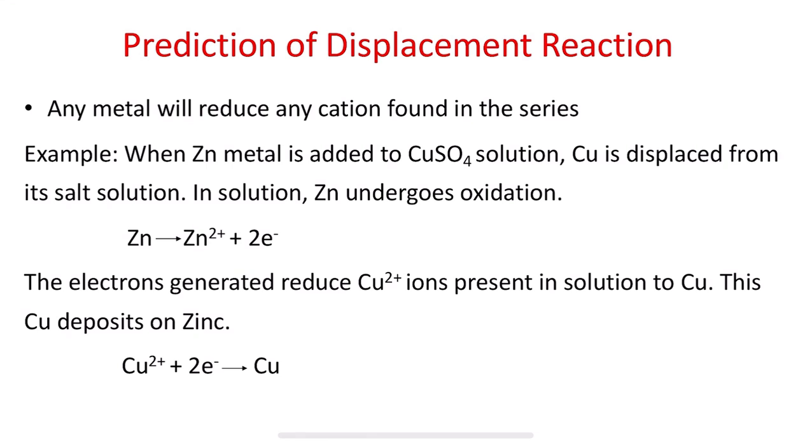In the same way, we can give another example where the standard electrode potentials of zinc and nickel are found to be minus 0.763 volts and minus 0.25 volts respectively. You can go back to the electrochemical series and check the standard electrode potential of zinc and nickel.